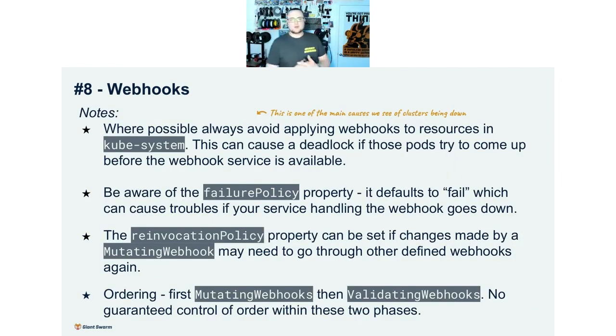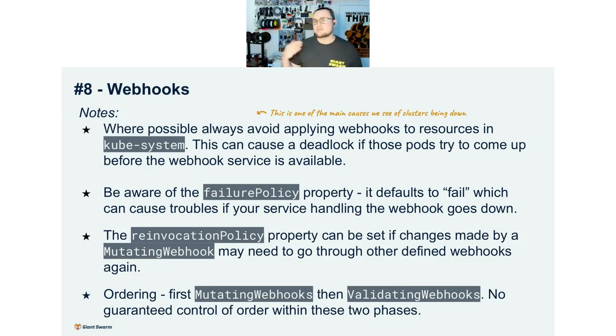Some notes for webhooks. Where possible, avoid applying webhook resources in the kube-system namespace. There are situations where this can cause a deadlock, and this is one of the things that we see quite a lot in the clusters that we manage when a cluster is down.